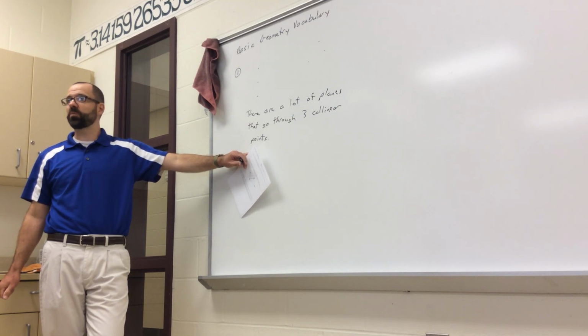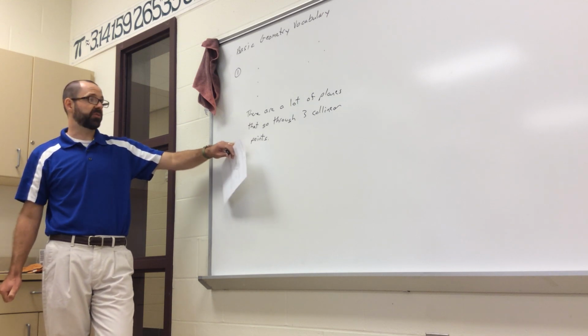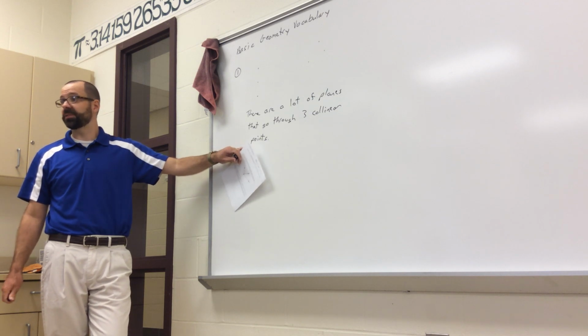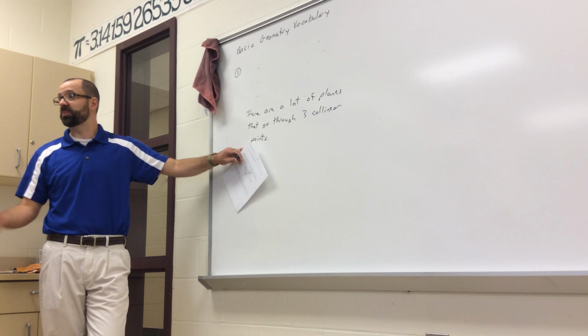So the question was, why can't you use 3 collinear points to name a plane? And the answer is because there's a lot of different planes that go through those 3 points. So it wouldn't be specific enough.